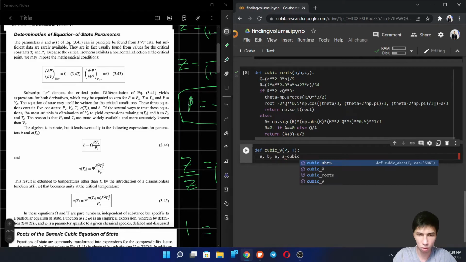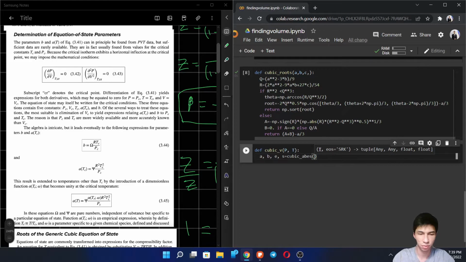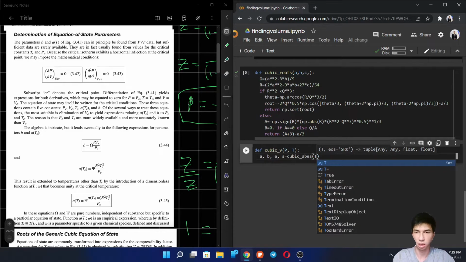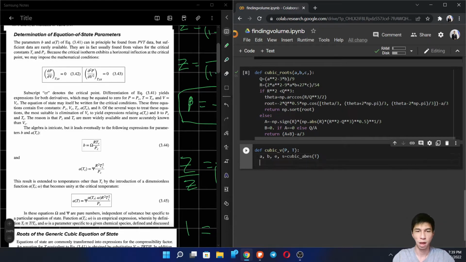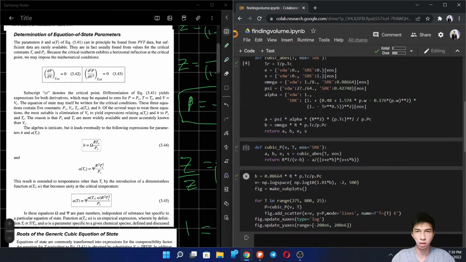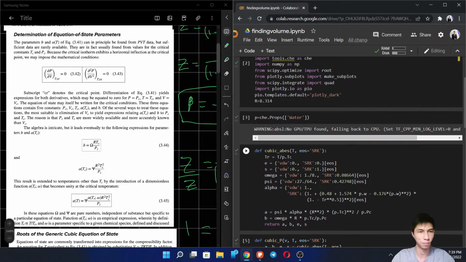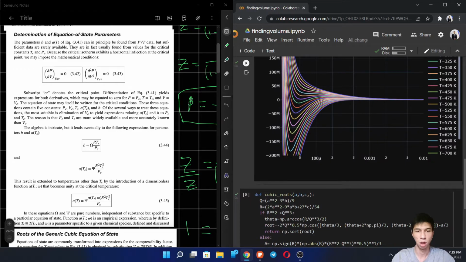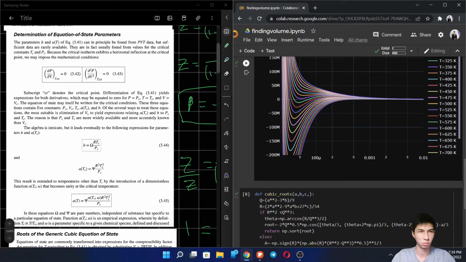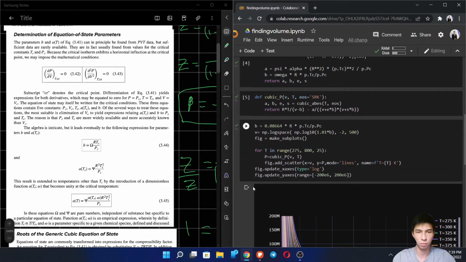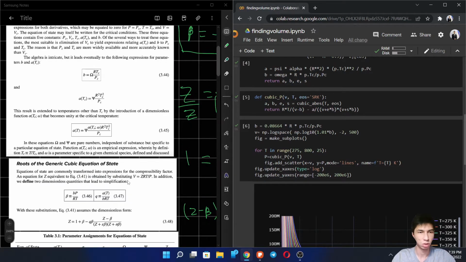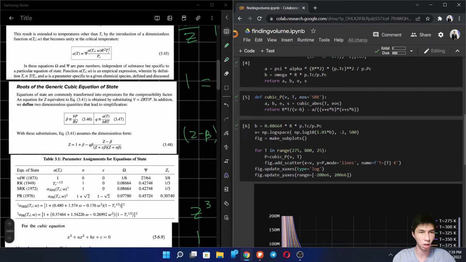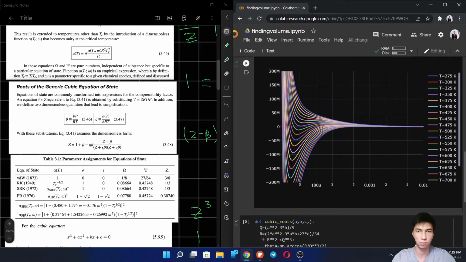So cubic ABES, which is going to take T, right? And we're going to have to calculate our beta value. So for the pressure, we need to find the roots.